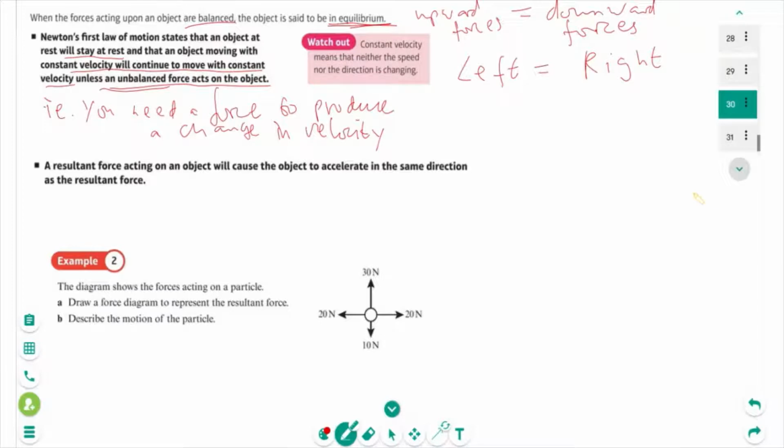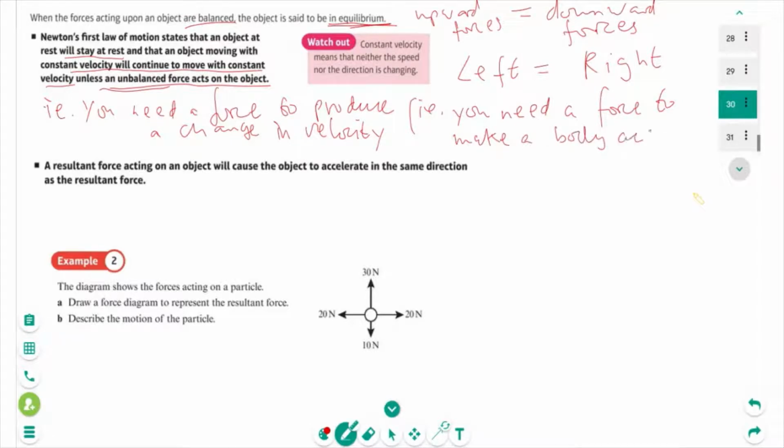So you need a force to produce an acceleration, to make a body accelerate.